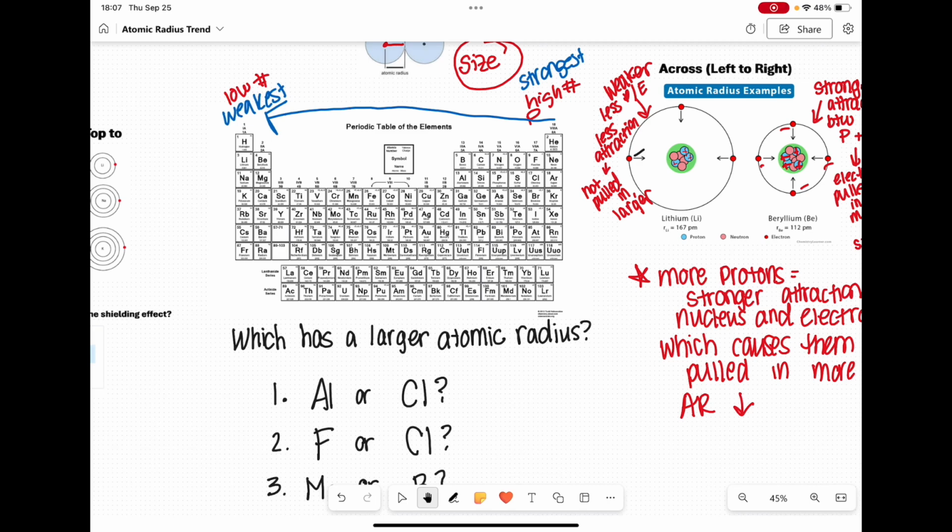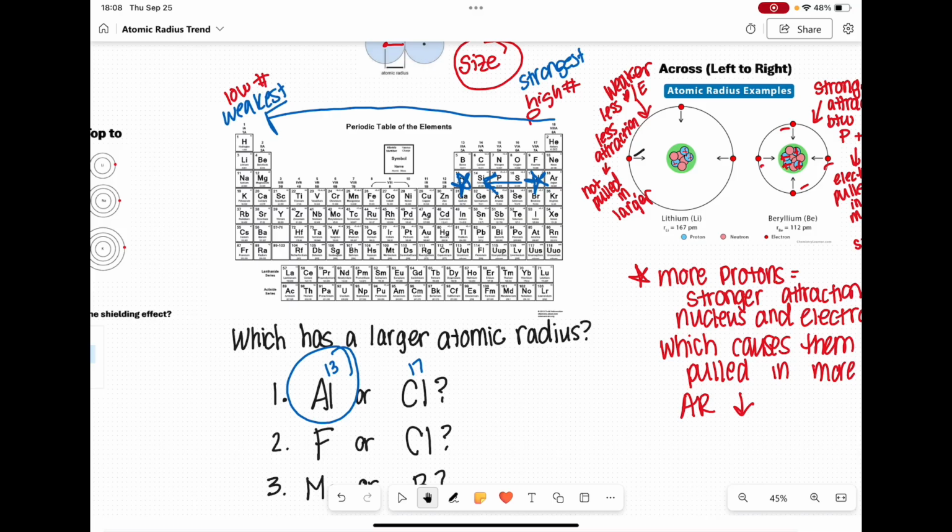So looking at Al and Cl, they are both right there on the periodic table. Al has an atomic number of 13, Cl has an atomic number of 17. The one that's going to be larger is going to be Al, and there are a few reasons for this. One, it's more to the left, and so if my arrow goes left, pointing to the one that's bigger, it's going to be pointing to Al.